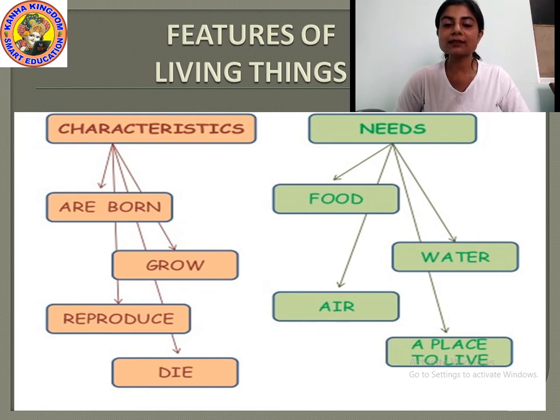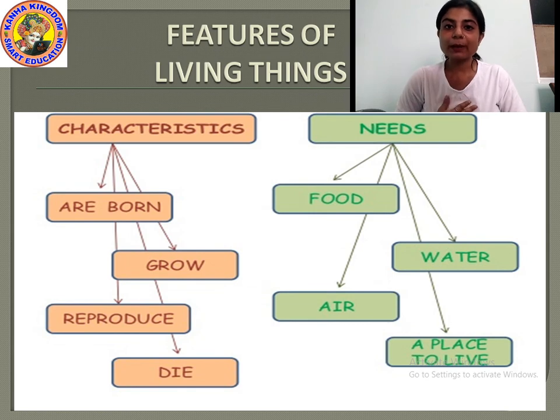I will repeat once. Living things are born. Living things can grow. Living things can reproduce. Reproduce means they can give birth. And living things die. And what does a living thing need to stay alive? They need food to eat, water to drink, air to breathe and a place to live.